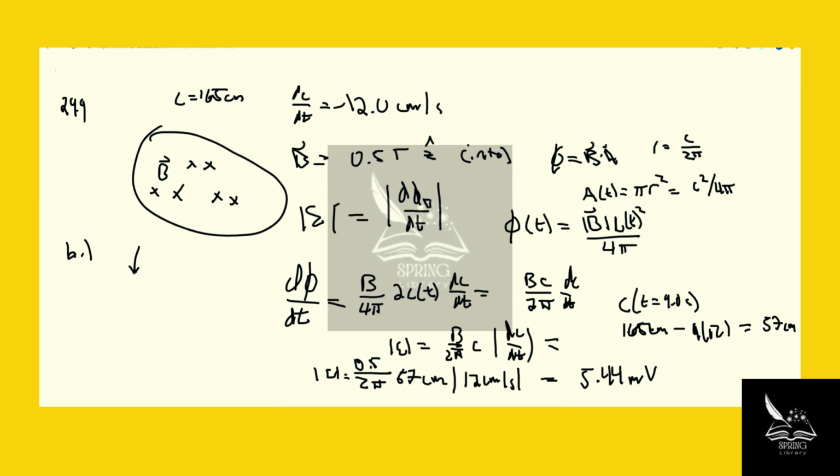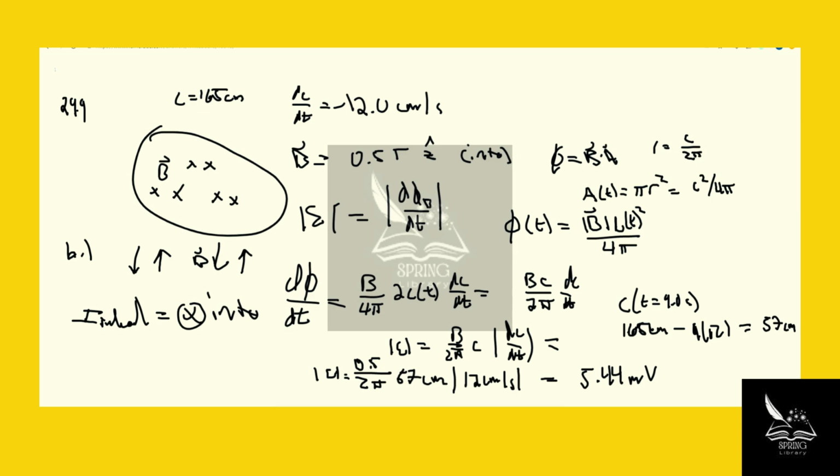So we want an induced current that will increase the flux to oppose this decrease, which means by the right-hand rule we need the current to point in the same direction as B. Since B is decreasing, we want it to point in the direction of B. So we need the induced current to be into the page.